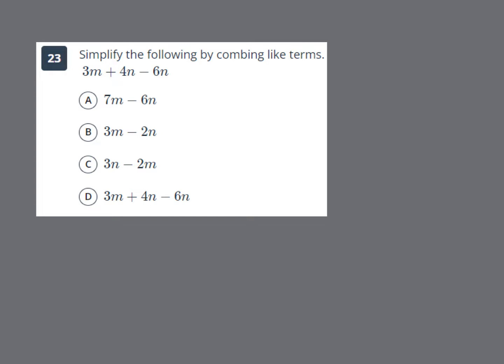Anyway, combine like terms. Okay, so what do we have here? We've got m's and n's. So 3m plus 4n minus 6n. So I'm just going to bring it out here to make it easier. So 3m is all by itself. I'm going to leave that in a box here. And then I've got plus 4n minus 6n.